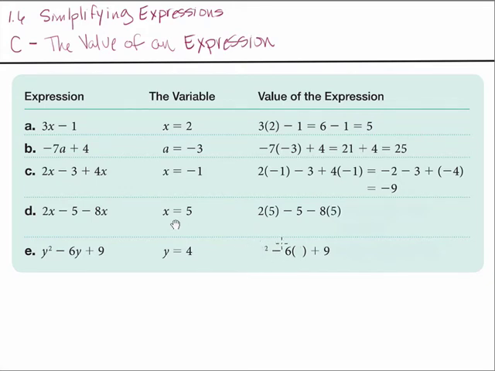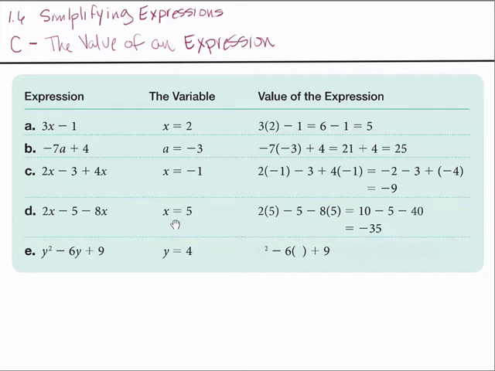Multiplication before addition or subtraction tells me I must do 2 times 5, minus 5, minus 8 times 5 is 40. I did this multiplication and this multiplication and simply wrote down the minus 5 in between. 10 minus 5 is 5, and 5 minus 40 is negative 35.